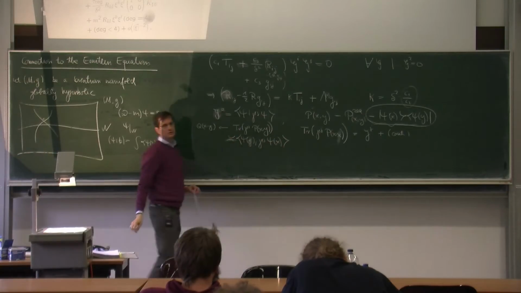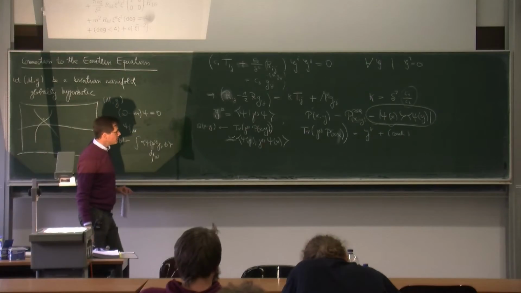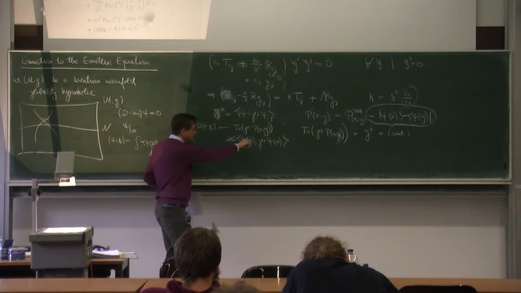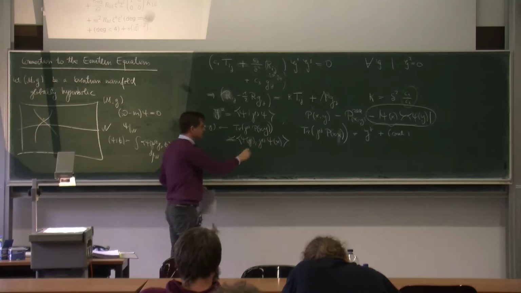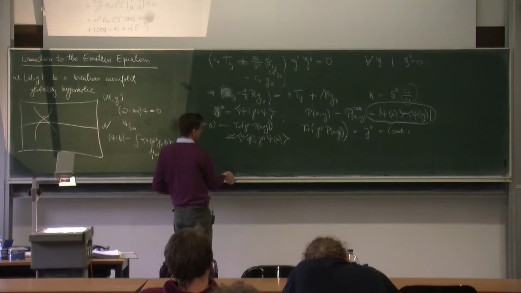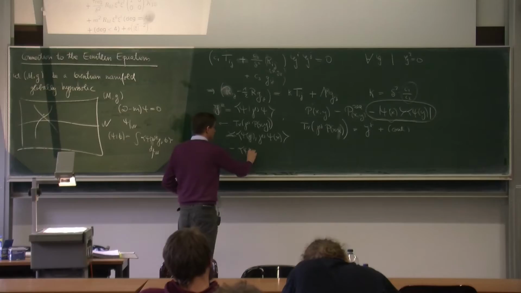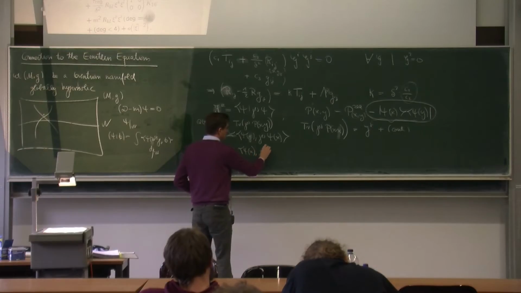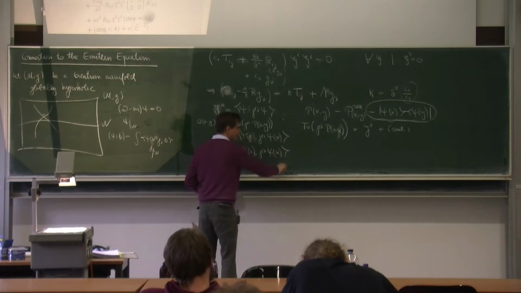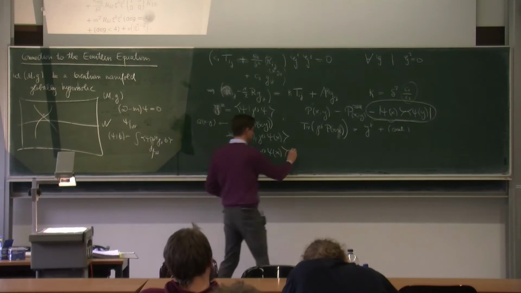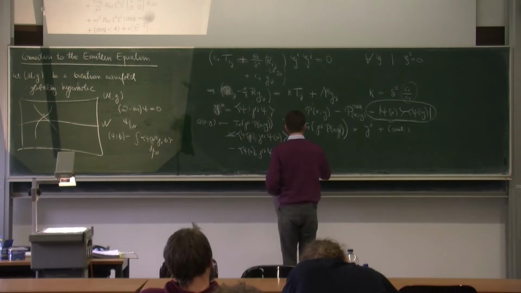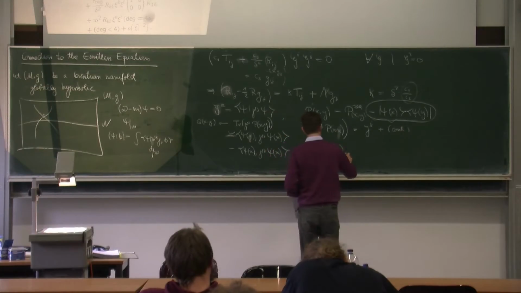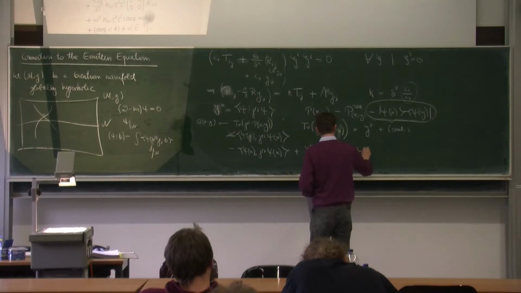Now we expand this in a Taylor series around x. So we write this as psi bar of x, gamma^j psi of x, which gives us the current, plus y^k times d_k psi bar of x, gamma^j psi of x.